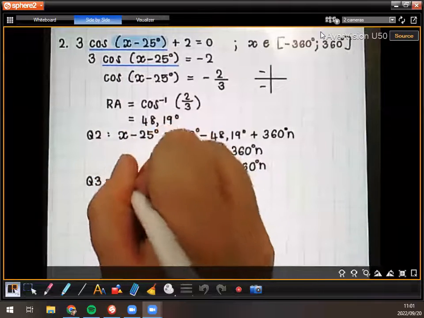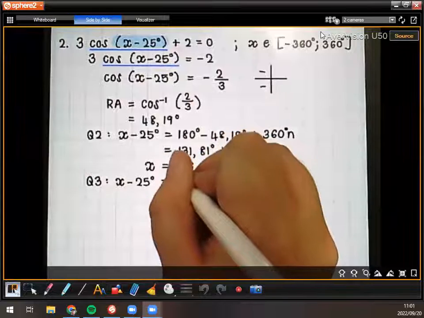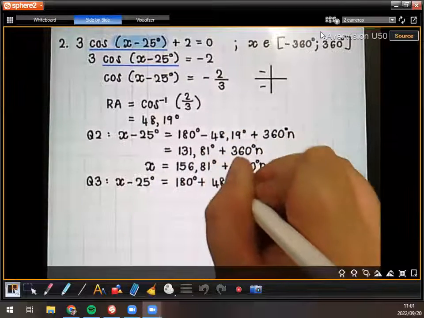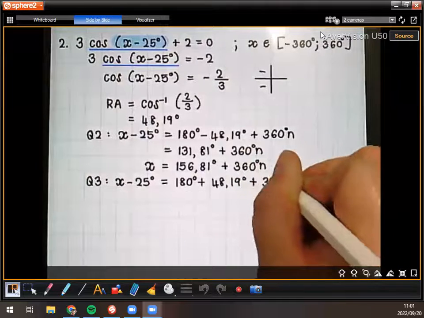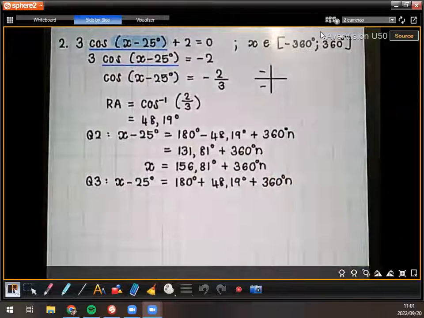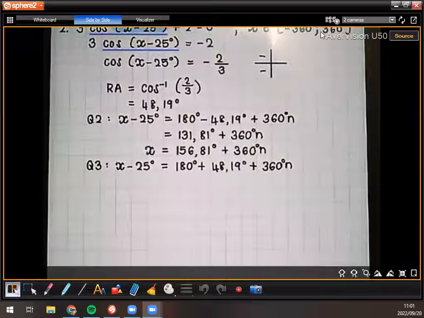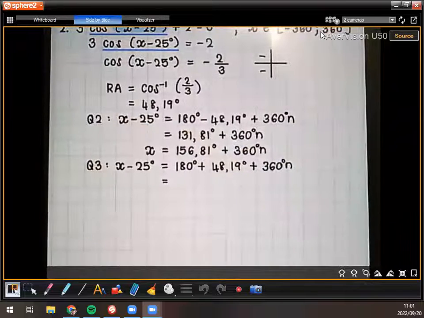Again, x minus 25 degrees equals, for quadrant 3, it's 180 plus the reference angle. Again, plus 360n, guys, you really have to write it every single time. No, it's unnecessary, but you lose a mark if you leave it out, even once. Okay, I'm going to do my 180 plus 48.19.